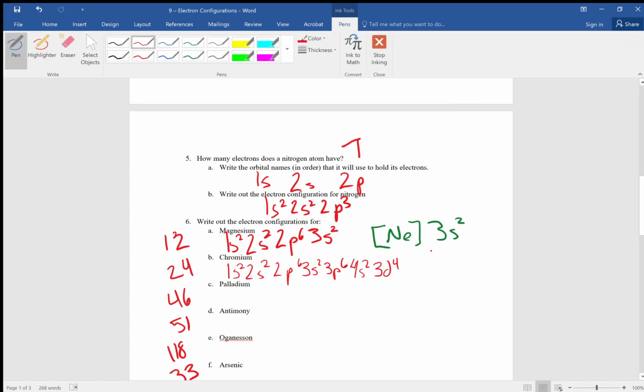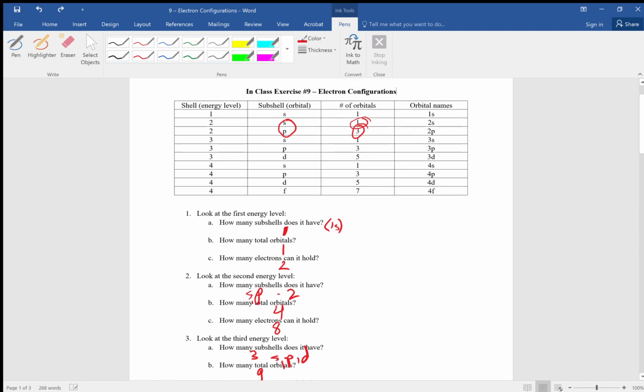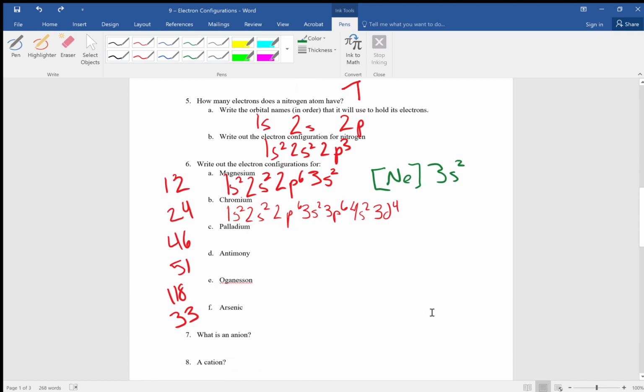Again, we use the noble gas that comes closest to and before the element, which would be argon, followed by 4s2, 3d4.